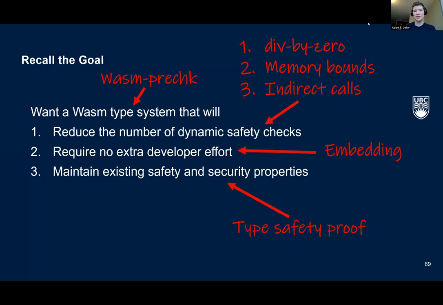For indirect calls, you want it to be one value from a set of values that are okay. Rather, you want to make sure that the index points to a valid function. So you don't necessarily have a range like you do with memory bounds. There might be gaps in that range.